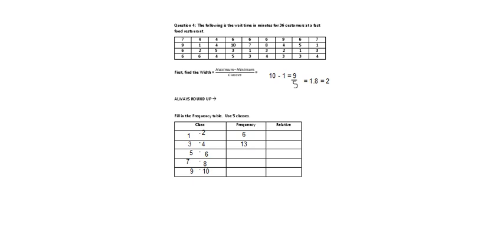If you count all the numbers that are 5 or 6, there's going to be 10 of those. If you count all the numbers that are 7 and 8, there are 4 numbers. And then if you count all the numbers that are 9 and 10, there are 3 numbers.